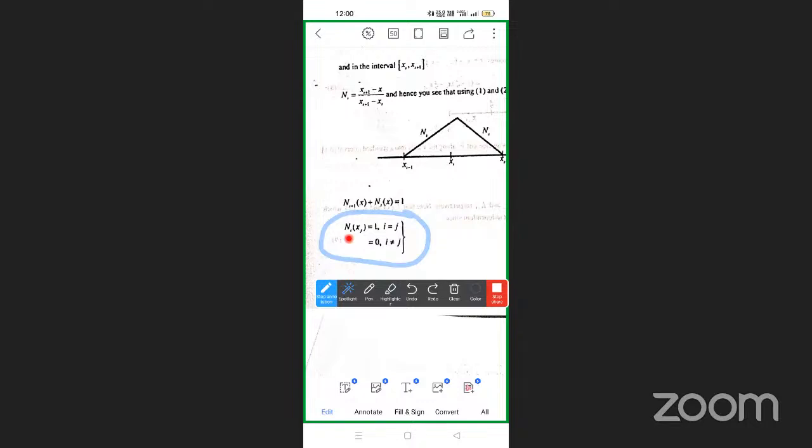ni of xj is equal to 1 if i is equal to j, and in all other cases, i not equal to j, it is 0.